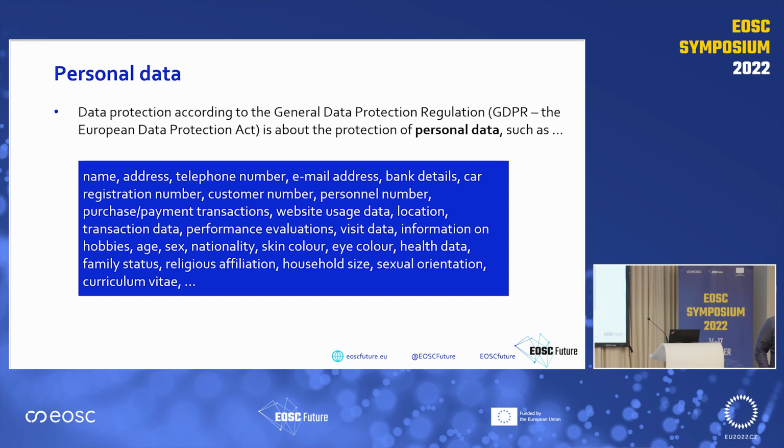And personal data is everything that is in this blue box and much more. So basically everything that is or can be related to a natural person. So GDPR is not about protecting, for example, enterprise information.